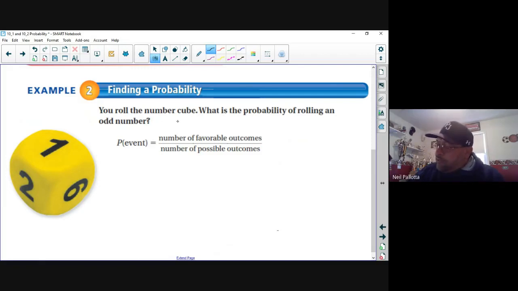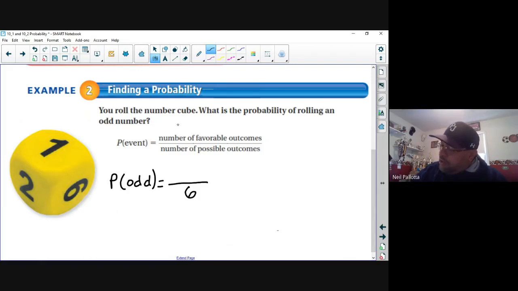It says you roll a number cube. What's the probability of rolling an odd number? First we would write it this way: probability of odd is going to be equal to the number of favorable outcomes over the number of possible outcomes. There are 6 possible outcomes on a 6-sided number cube. How many of those outcomes would be favorable?